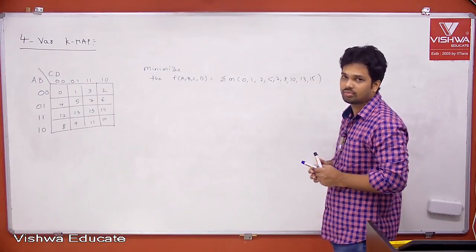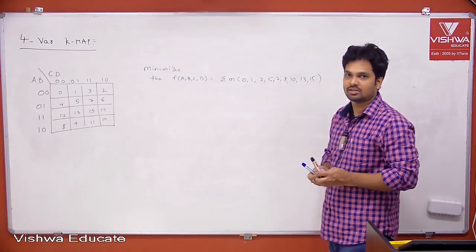Let us use a 4 variable K-map and let us do the minimization.